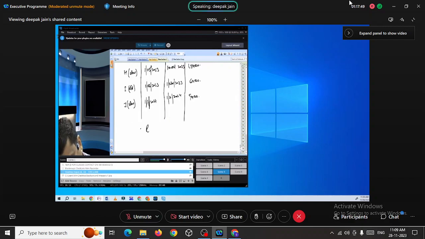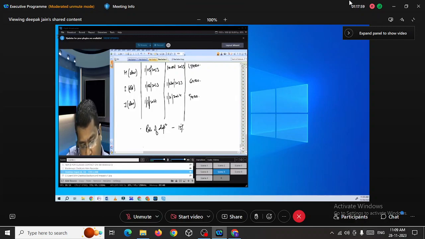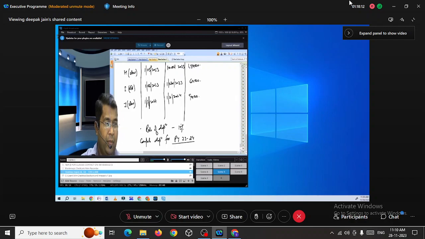Rate of depreciation 15%. Compute depreciation for previous year 23-24.